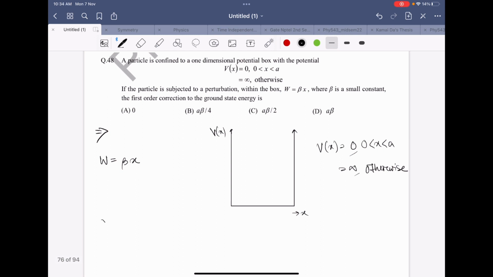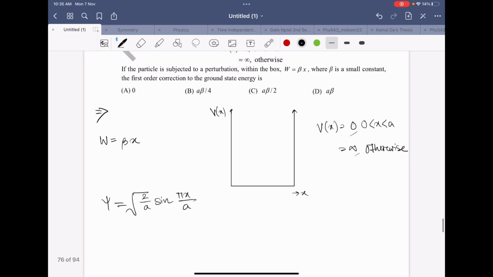Now the unperturbed eigenstate for the infinite potential well is root over 2 by a sine pi x by a. Then the first order correction to the ground state is psi W psi.